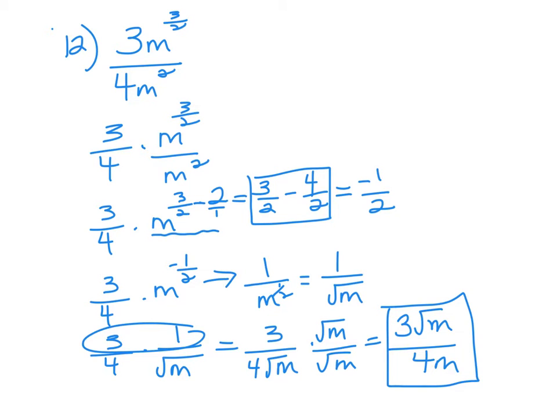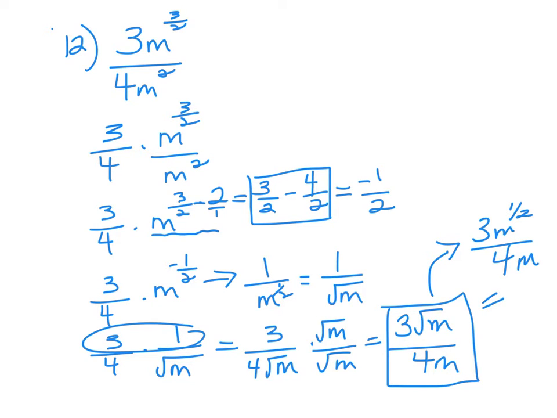Now, on the worksheet, they give the final answer as 3m to the power of 1/2 all over 4m. It's important to realize that these answers, both 3 square root m over 4m and 3m to the power of 1/2 over 4m, are equivalent.